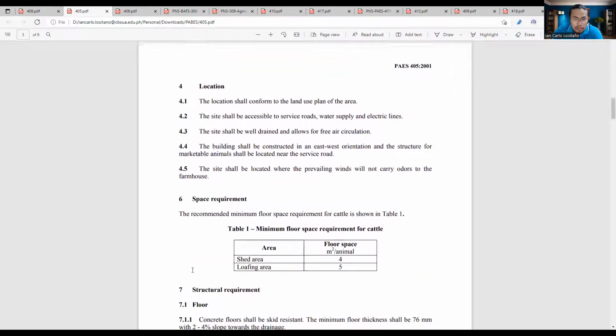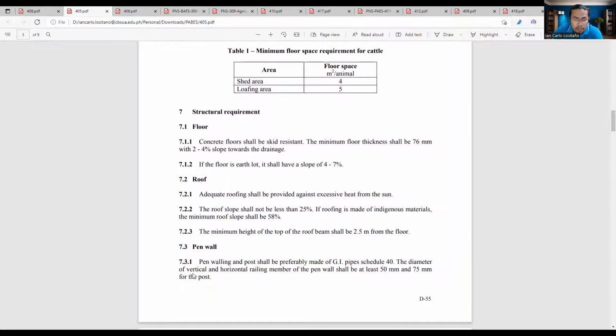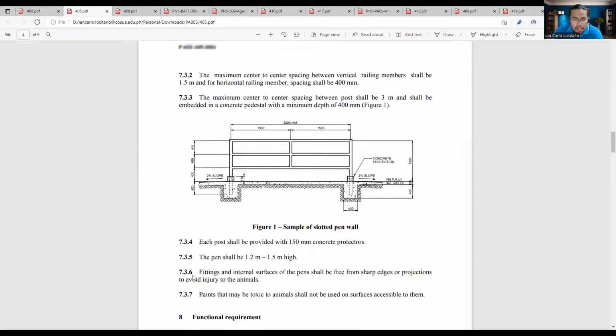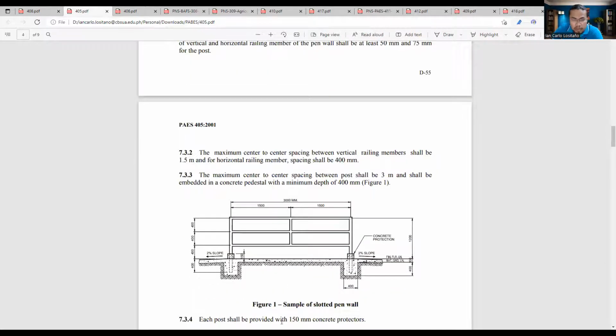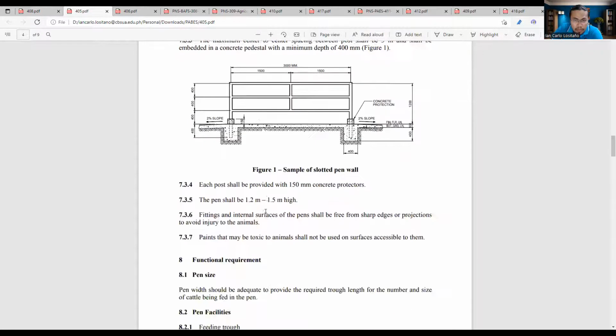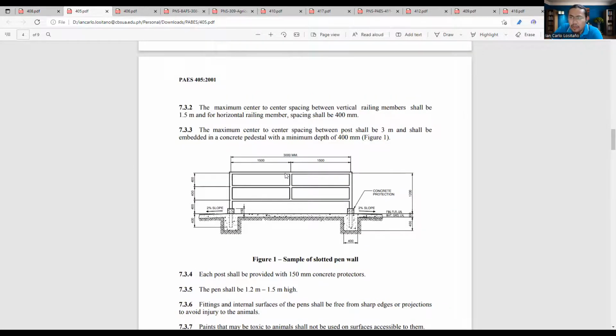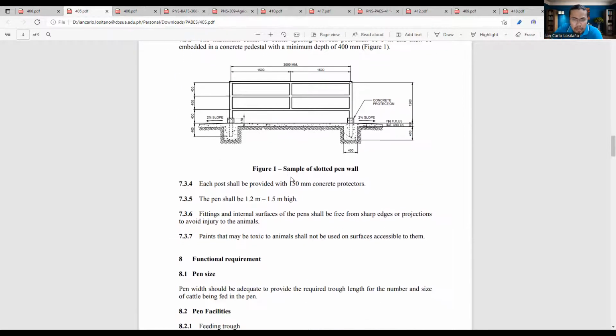And thus, there are differences, particularly in the size of, for example, this slotted pen wall. Please take note that the cow may be smaller than the carabao in dimensions as an animal. Thus, the slotted pen wall is smaller. I think this is 1.5 meters smaller than for the carabao feedlot.